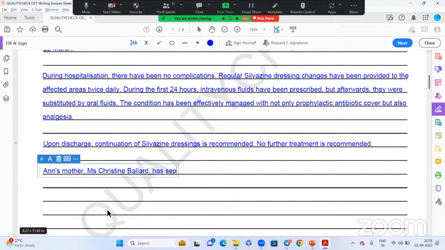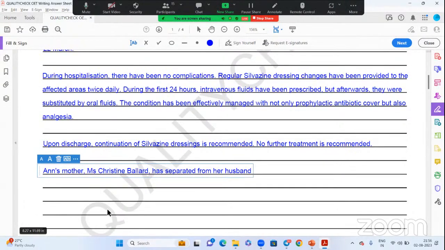She has separated herself from her husband. Anne's mother, Christine Ballard, has separated from her husband recently.